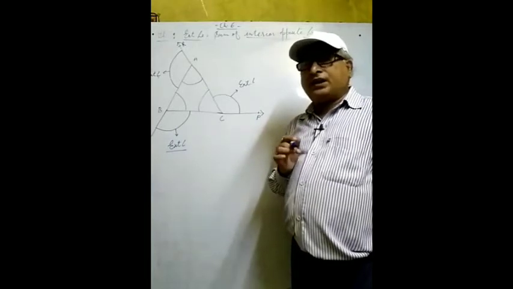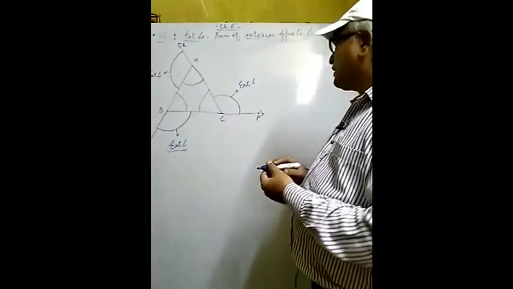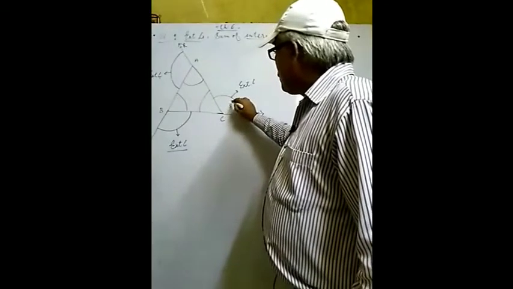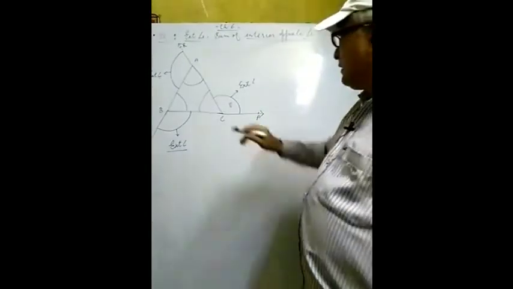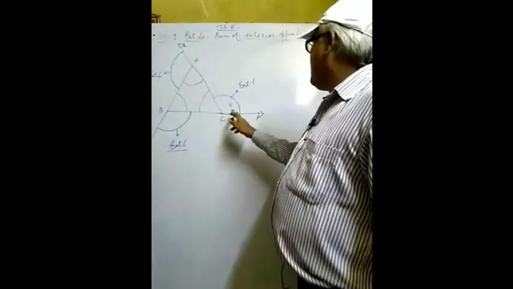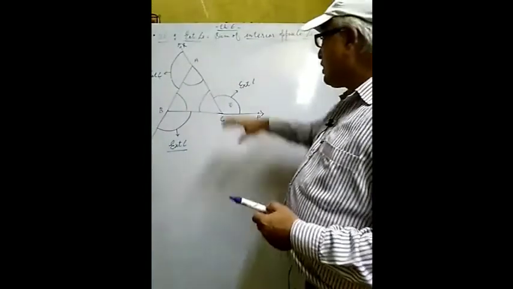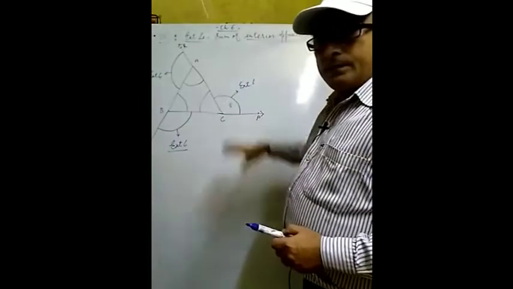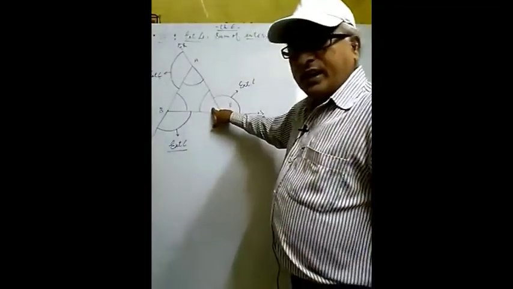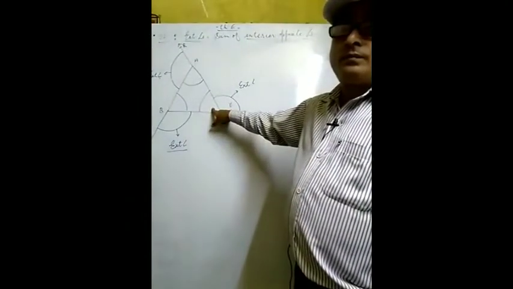How can we identify them? Suppose we are talking about this exterior angle. What is the name of this angle? Angle ACP. If we are talking about this ACP, just close to this one an interior angle is there.